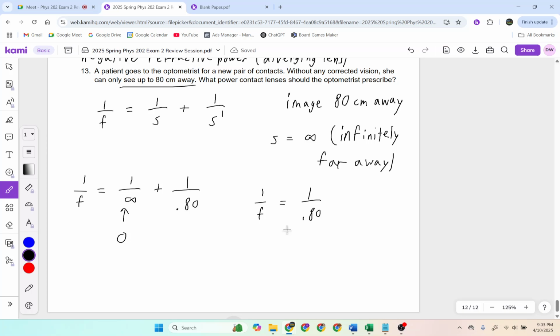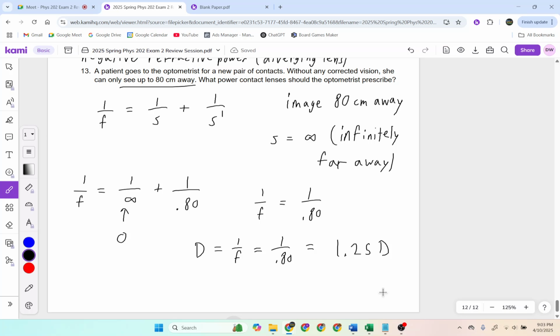And here's a nice trick for you. I don't have to solve for f. Remember, diopters equals 1 over f. In other words, equals 1 over 0.80. So I'm good to go. 1 divided by 0.80 gets me 1.25 diopters, and that, of course, is the wrong answer.